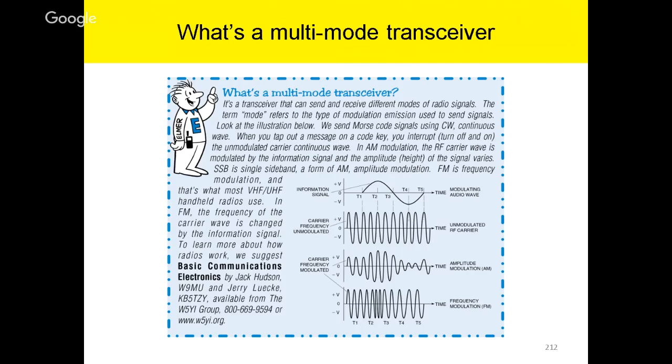Your transceiver can send and receive different modes of radio signals, and the mode refers to the type of modulation or the emission used to send signals. And you look at the diagram there, you see an information signal or a modulating audio wave, and as it goes through time, that's the first diagram there. That would be your audio, what you're saying. And then below that, you see the carrier frequency.